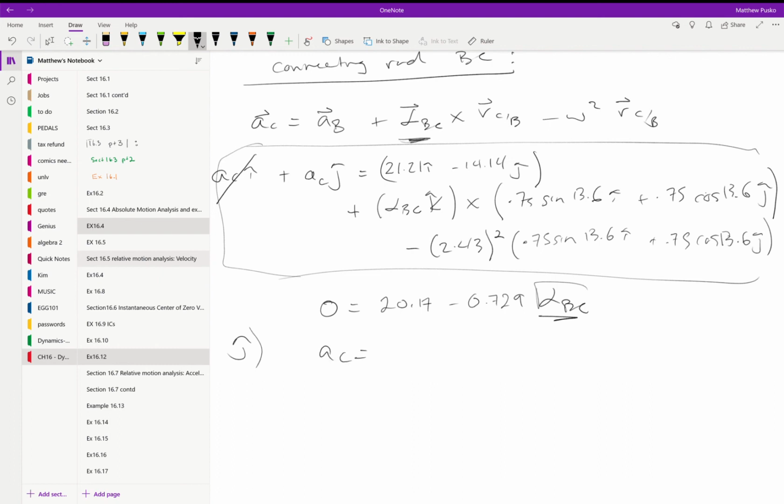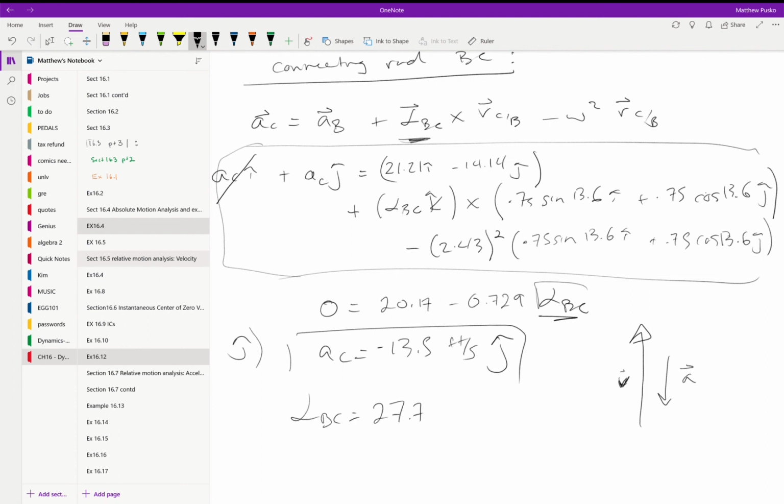It is 13.5 feet per second squared, and it comes out to be negative. That's because even though the piston is moving up, it is slowing down. So the velocity is positive, the acceleration is negative. And alpha BC, if you wanted to know, is 27.7 radians per second squared. And that's also got a squared.